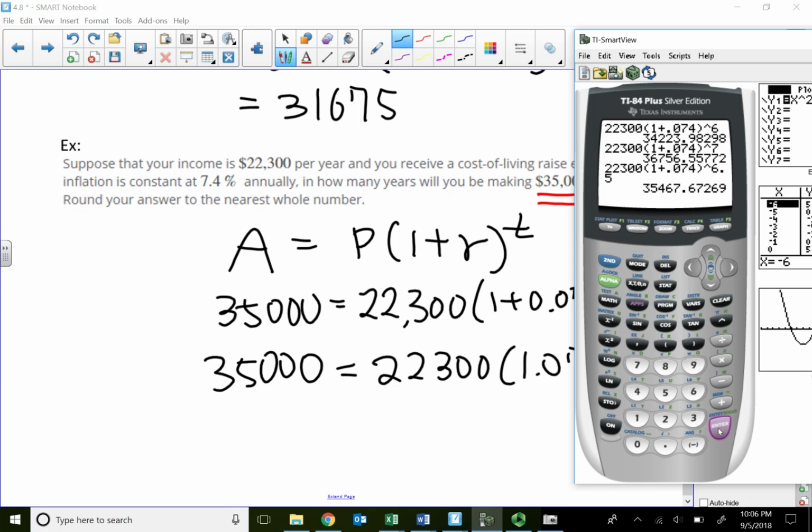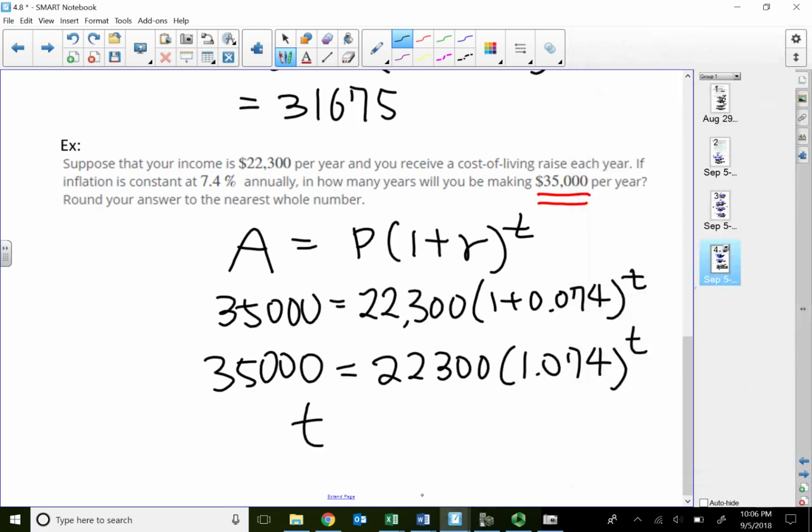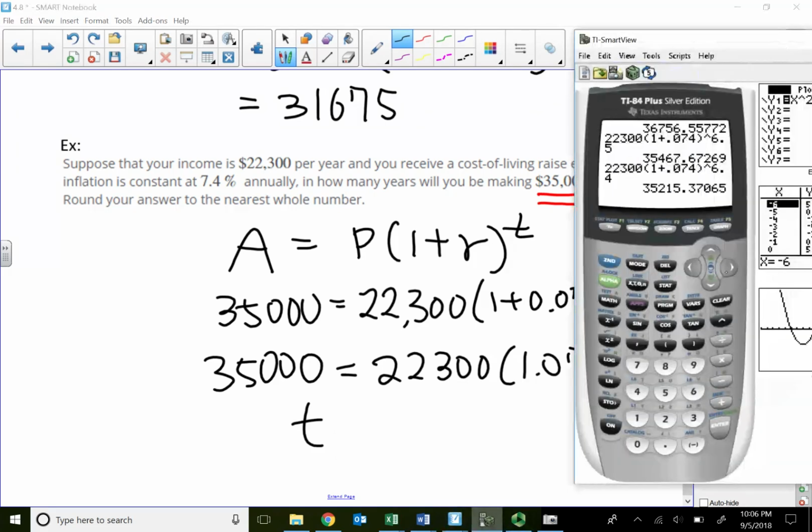So if I do 6.4, that is actually slightly over. Okay, so that means my approximation is about 6 years. If I round to the nearest whole number, all right, 6 years. 6 years will actually put me very near $35,000.